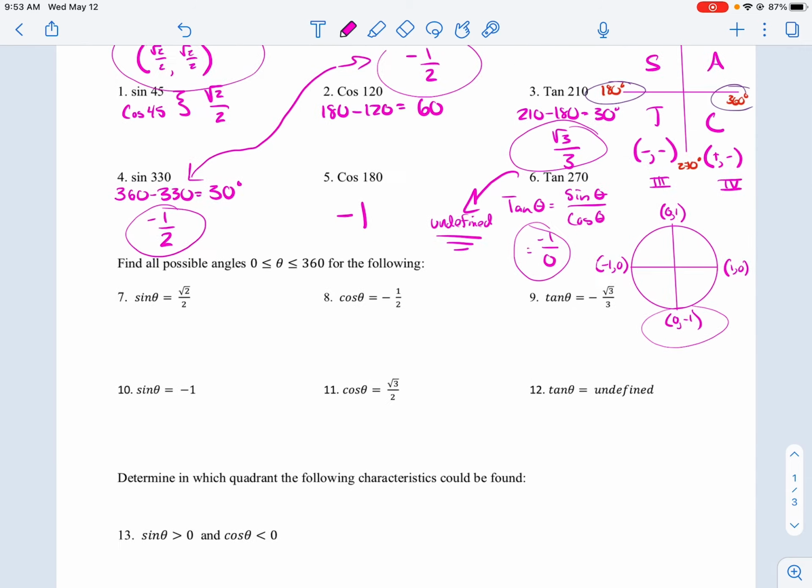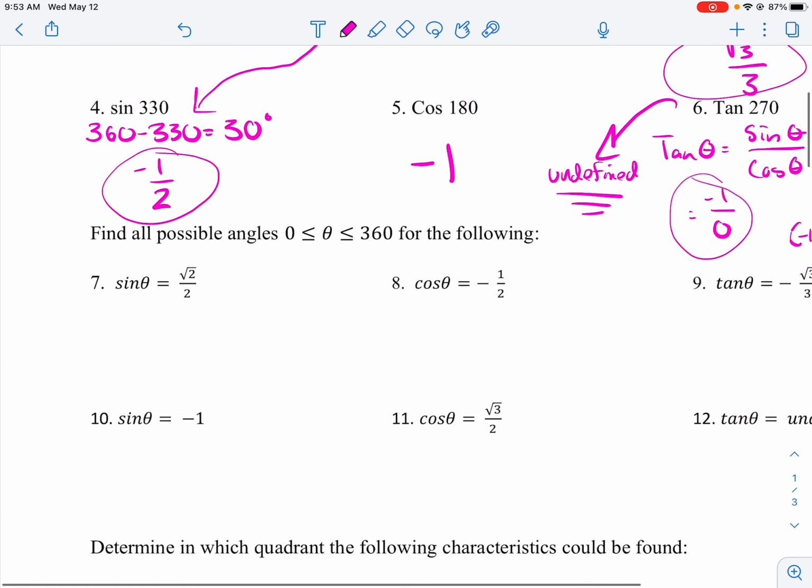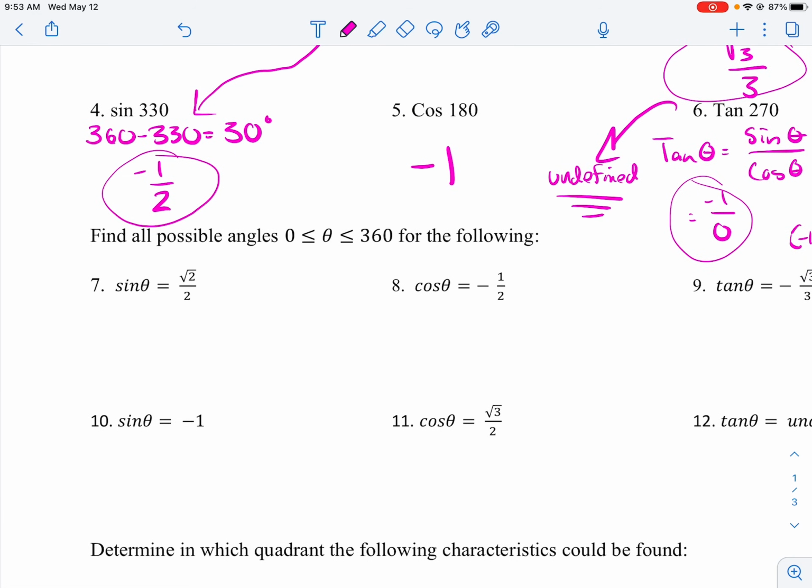All right, so for the next lesson, we're talking about finding all the possible angles that have this exact value. First we have to think about what angle measure is associated with this one right here. That's 45 degrees. When we're in the first quadrant, we get a positive square root 2 over 2.